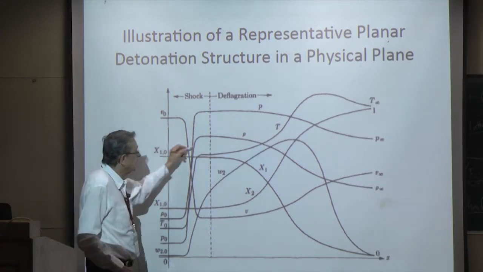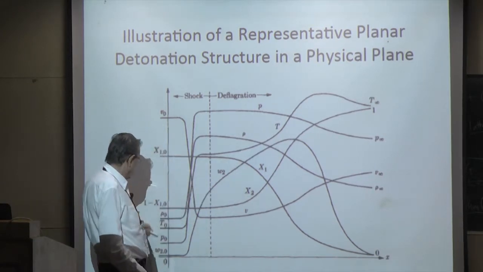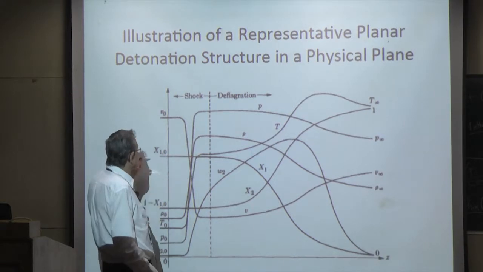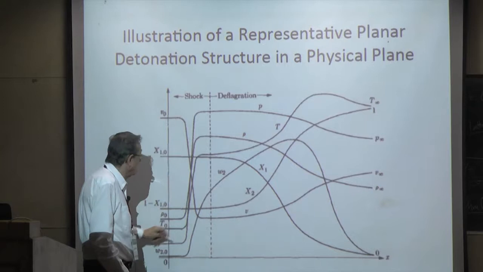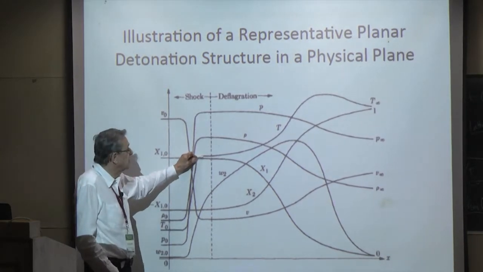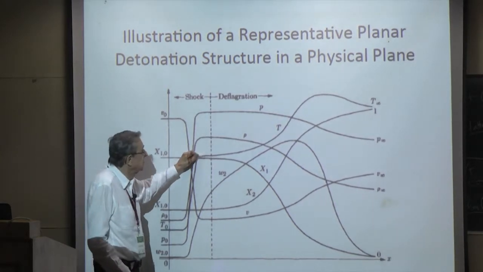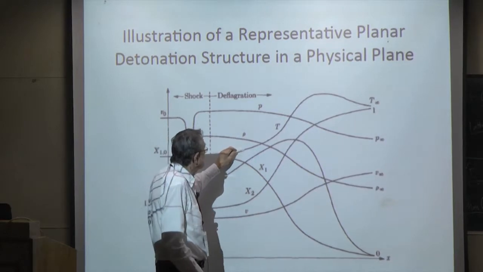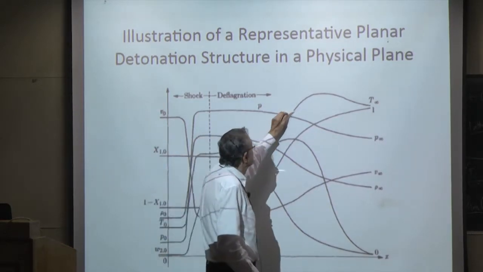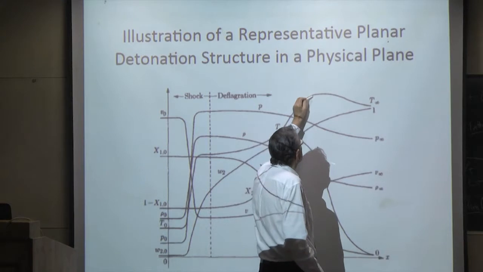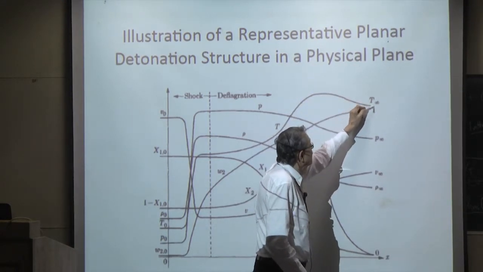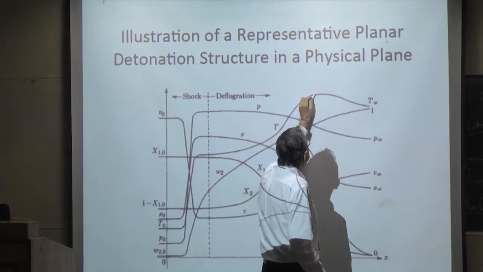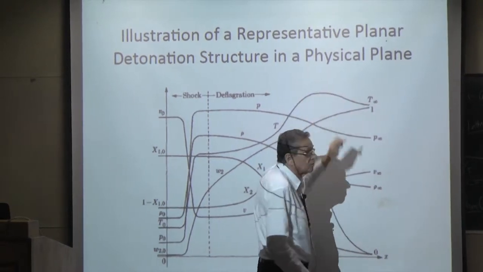The reactant concentration goes down, the density goes up and down, the temperature increases across the shock enough to start the chemistry, and then that heat release continues as the temperature increases, and only when the final condition is Mach 1 does it actually decrease a little bit along the Rayleigh line.